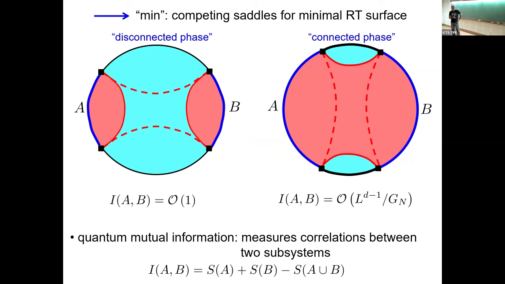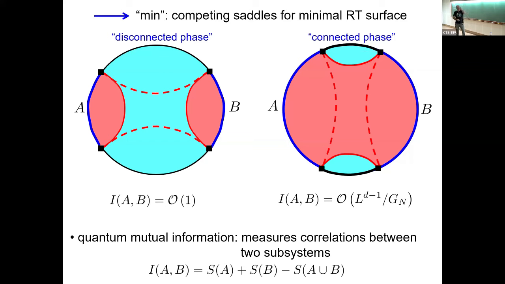But what that means is that the mutual information is a quantity that's of order 1. It's going to be given by quantum corrections to this classical geometric formula. On the other hand, in the case of the connected phase, the mutual information is large. There are a large number of correlations or entanglement between the degrees of freedom on the two sides of the boundary.